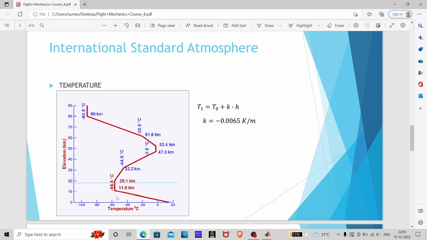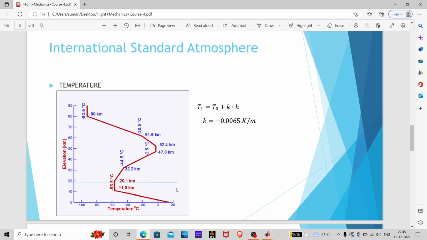We are not interested in this part, we are only interested in the part below 18 kilometers. So our model for the temperature is T1 equals T naught plus K into H, where T naught is the sea level temperature, K is a constant whose value is minus 0.0065 Kelvin per meter, and H is the respective altitude at which we are going to calculate the temperature.